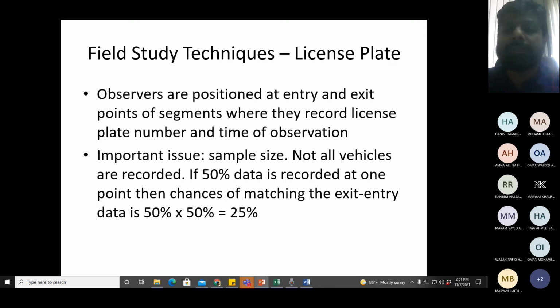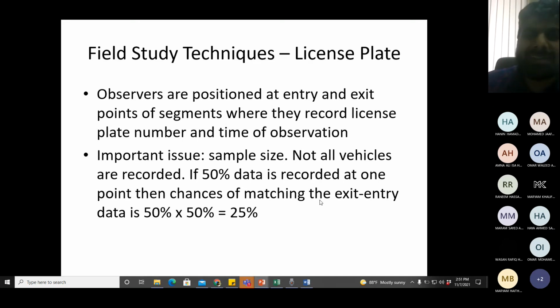Even with this 50%, there's still a chance that you recorded completely different 50% vehicles than the other observer. There's a chance. Okay. So even with 50% data recording, the chance of matching is only 25%. 50% of that observer, 50% of the other observer. So there's only 25% samples for which you can calculate the travel time.